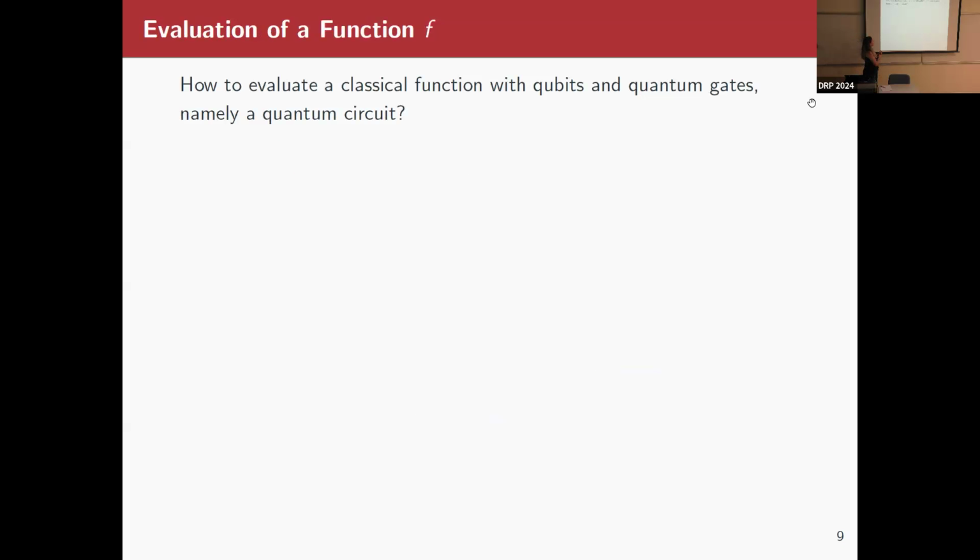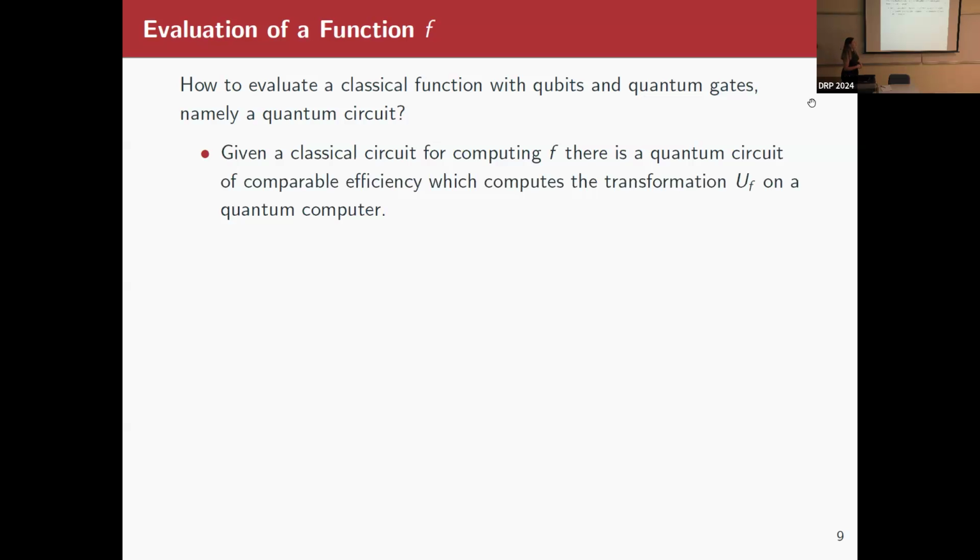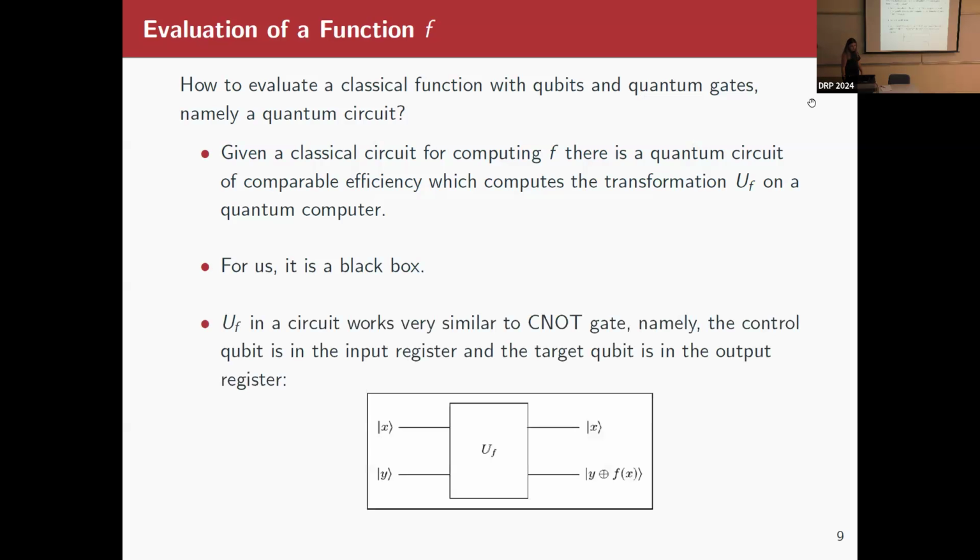So how do we evaluate a classical function with qubits and quantum gates or a quantum circuit? Given a classical circuit for computing f, there is a quantum circuit of comparable efficiency which computes the transformation U_f on a quantum computer, which we're going to call this black box. Now U_f in a circuit works very similarly to the CNOT gate, namely the control qubit is in the input register and the target qubit is in the output register.